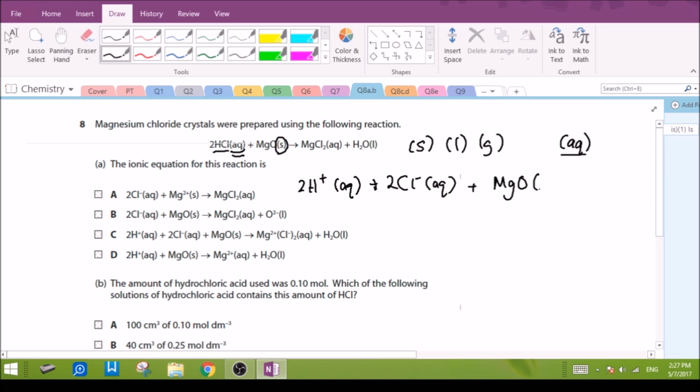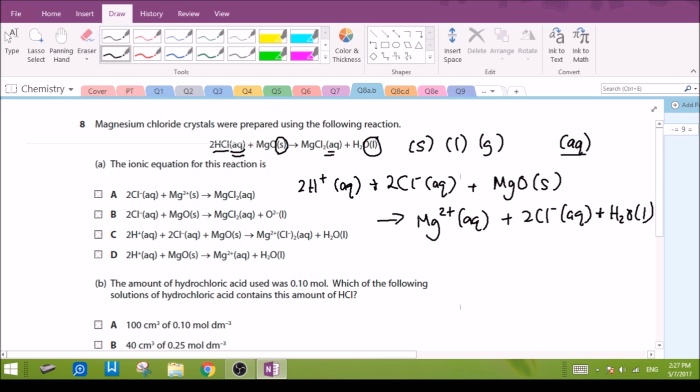We will just write it out as it is. And going over to the other side, magnesium chloride, aqueous. Since it's aqueous, we split it into its ions, magnesium ions and chloride ions. There are 2 chloride ions. And then finally, water is liquid. We do not make any changes to its formula.